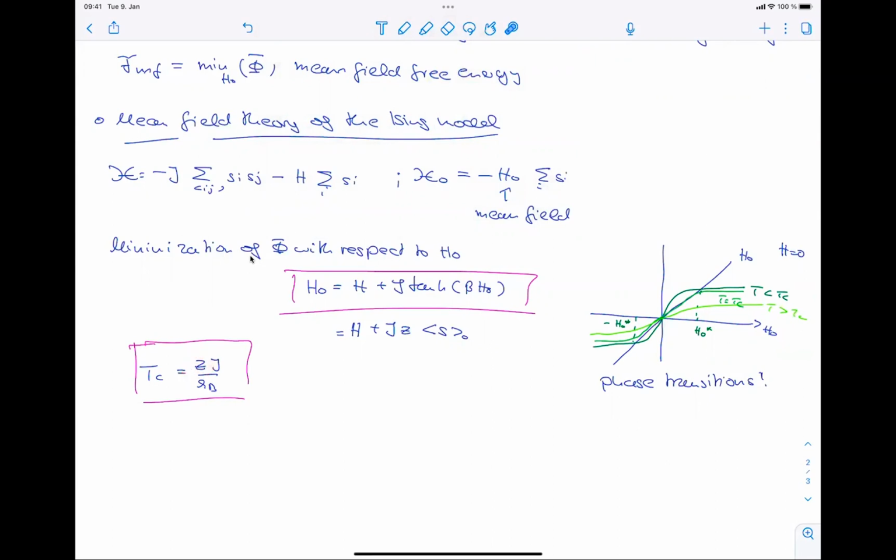But the coordination number is still finite for a one-dimensional Ising model. So the mean field falsely predicts a phase transition also for the one-dimensional Ising model. And we realized that the assumption of this mean field approximation is only a good assumption if a spin has a lot of neighbors, so if my coordination number is very big.